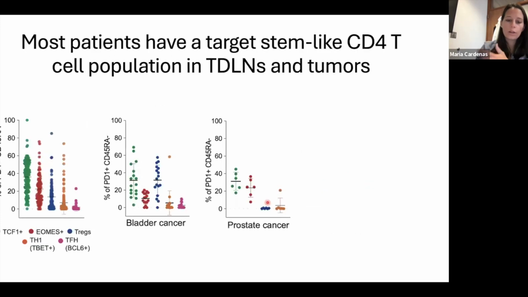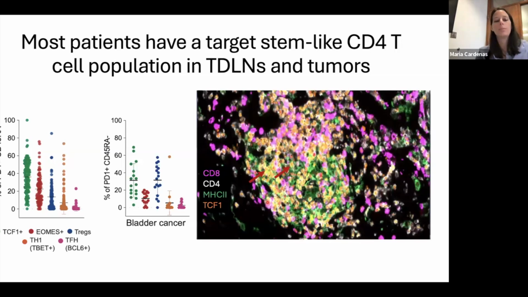And what I kind of want to conclude with is we have a very large population of these stem-like CD4 T cells within the tumor, usually within niches within the tumor, very close to CD8 T cells. And what we showed with the mouse data is that we can target this population, right?